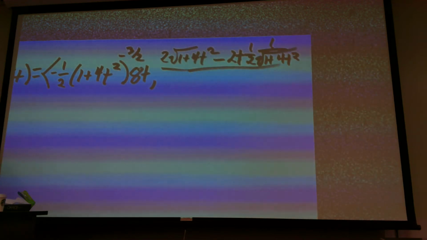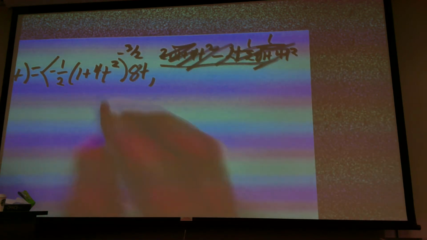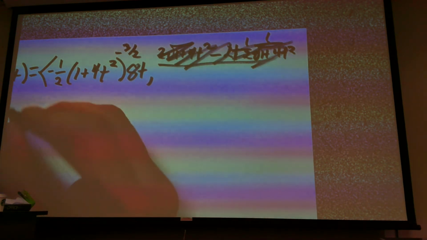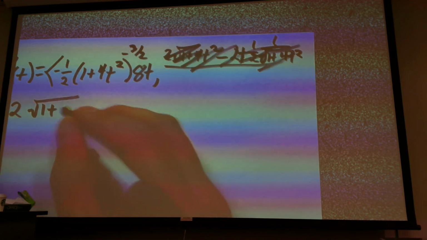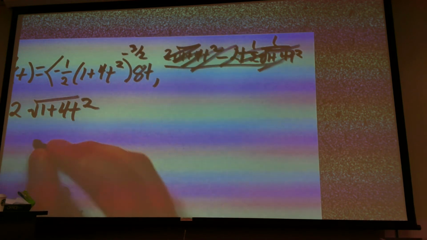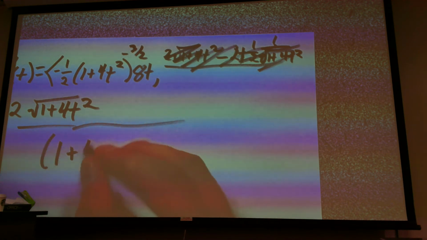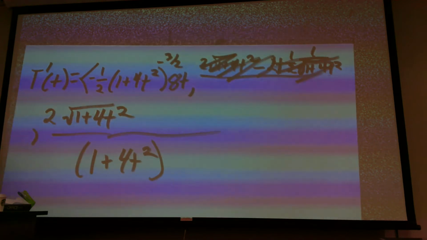Actually, let me do this as 2 lines. Okay, so that's the x value. And so the y value would be f prime, which is 2, times 1 plus 4t squared. And we're going to divide by the bottom, which is going to be 1 plus 4t squared. But that was the square root, so we can get squared.